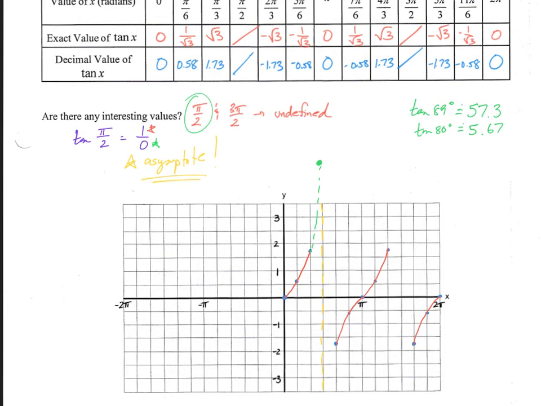Notice in the green portion of that curve, we can see that our curve is going to increase really, really fast. We can see from the tan of 89 that it's going to take off. But I can never get a value for the tan of pi by 2 because it's undefined. And so, just to be able to get rid of that ugly green, we have the ability to then connect and extend up towards that asymptote.